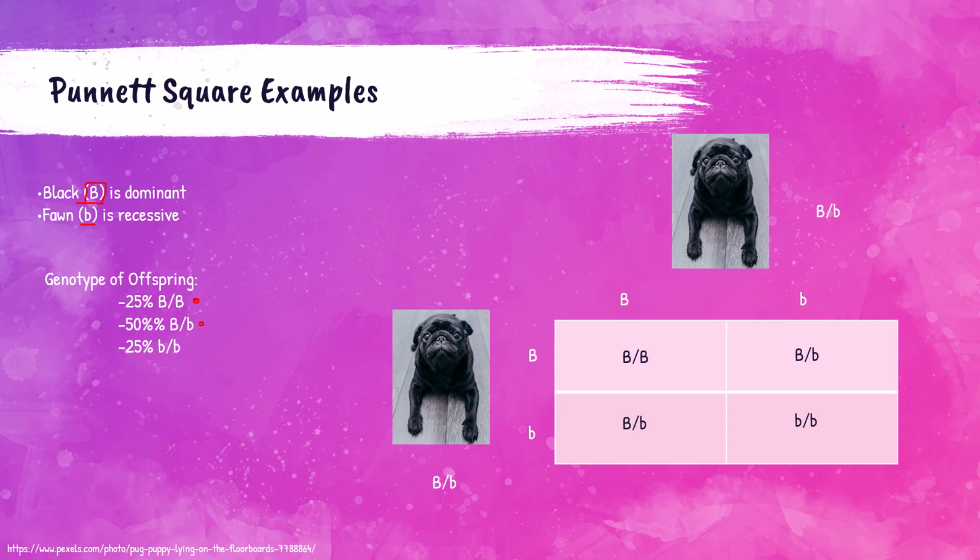Big B, little b, what is that going to be? It's going to express as black because that big B is present. Now this 25% one, little b, little b, is there a big B present? No, there is not. So every offspring in this particular pairing has a 25% chance of being fawn. So 75% chance of being black and 25% chance of being fawn.